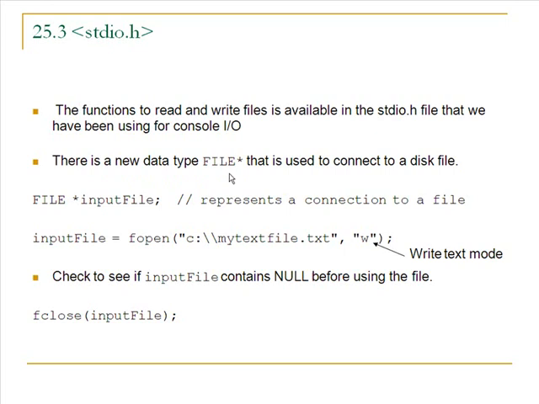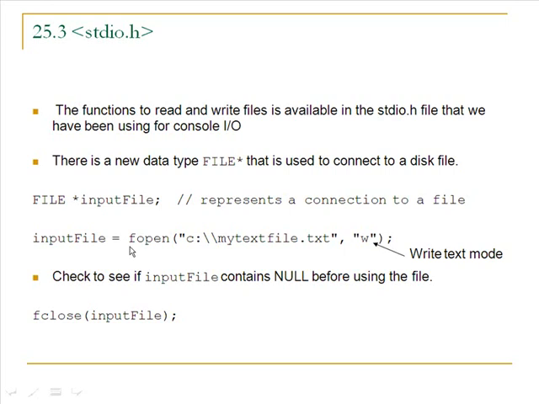It's the FILE pointer, and that's in all uppercase, and it's used to have your C program connect to a disk file. And here's how you declare one: FILE *inputfile, and of course the asterisk can go next to FILE or next to the variable name. It doesn't make any difference.